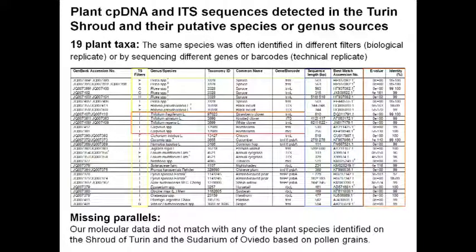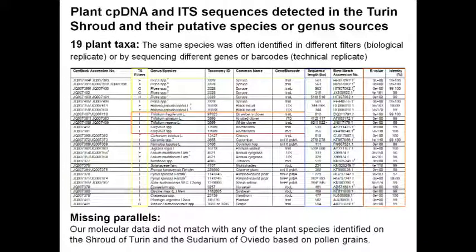And E values were always very low, and expectations for genetic identity very high, 99 or 100%. So molecular data for the genetic identification of plant species are very robust and reliable.